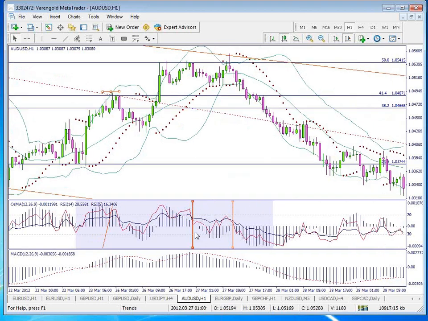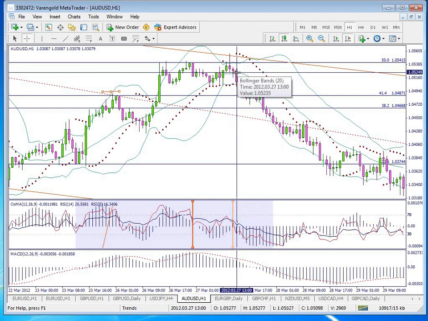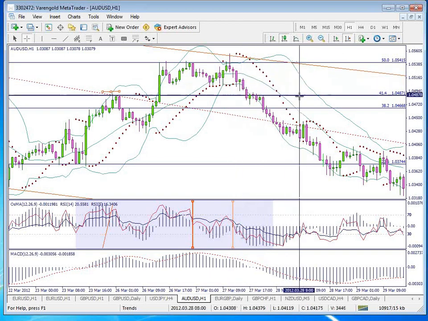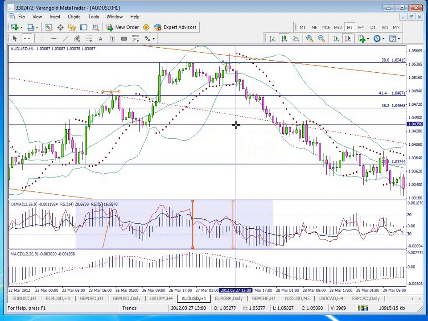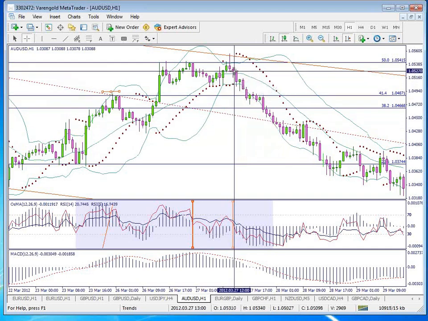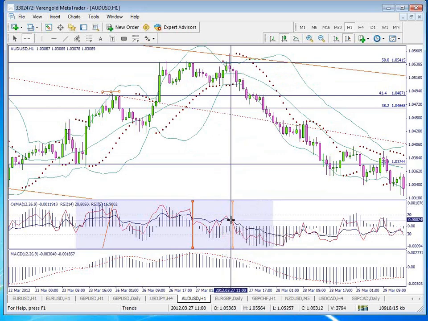Later, when I have a signal from daily, or at least a signal from 4 hour, I can go into that trade. Maybe here, or I just look for the next one, but here is a good signal because I have that one on 4 hour and I have also that one that was very close.